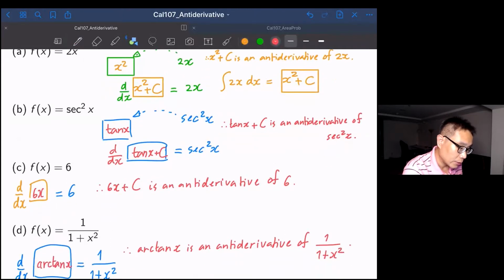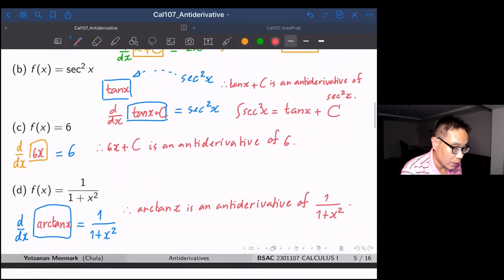The next one, to write that tan x plus c is an antiderivative of secant squared, it's going to be kind of too long. So we're just going to integrate: the integral of secant squared x equal to tan x plus c.